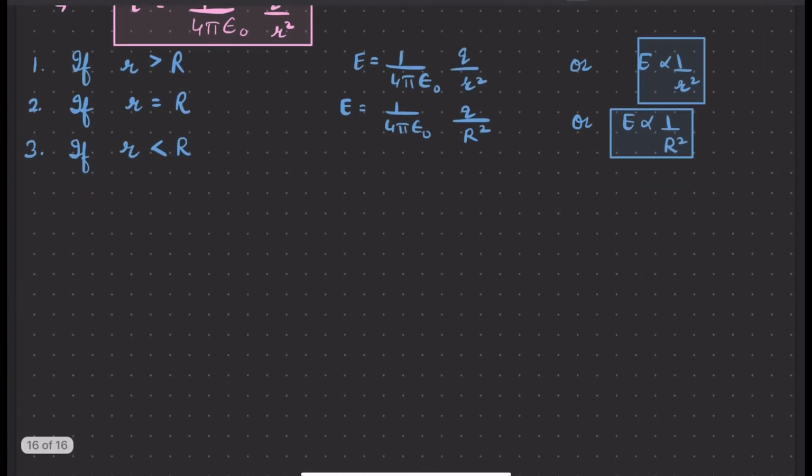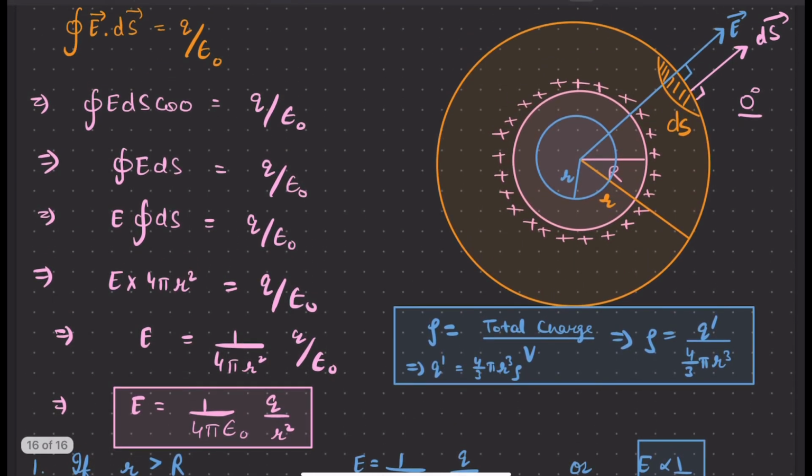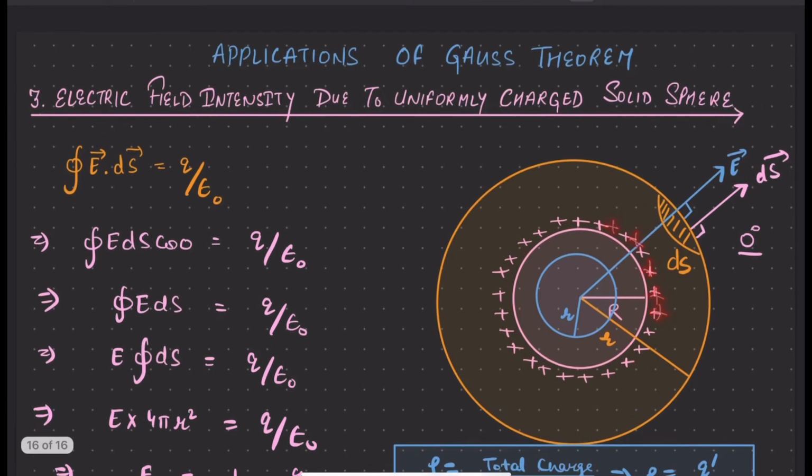And now we can substitute this value in the equation E is equal to 1 upon 4 pi epsilon naught q dash upon small r square, because now the Gaussian sphere is enclosing some charge which is different from the charge which is spread all over the solid sphere.